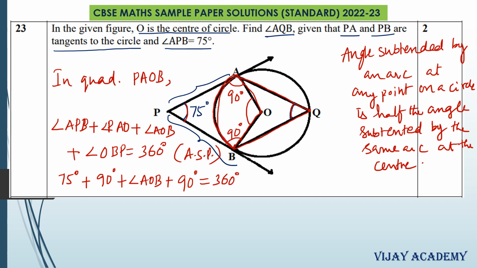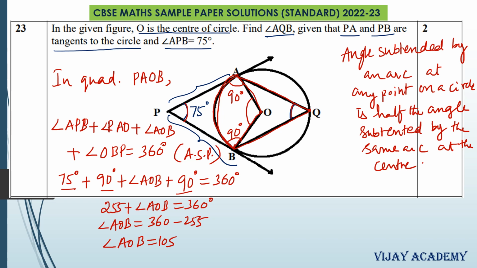So on adding 75, 90 and 90, we get 180 plus 75, which is 255. 255 plus angle AOB is equal to 360, and now you write that angle AOB is equal to 360 minus 255, that is angle AOB is equal to 105 degrees. Now after you get the angle AOB, that is 105 degrees, let us find the angle AQB.